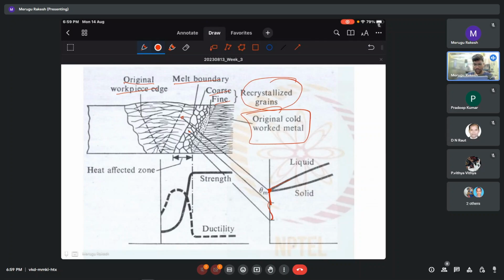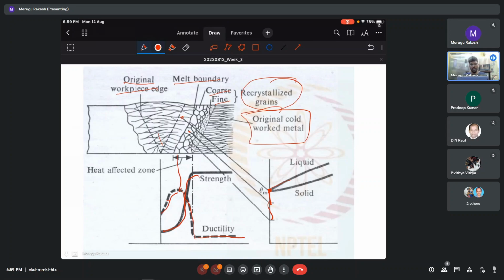If you see the properties, the ductility will increase till this point, then it will decrease and remain constant, because we have bigger grains and then they are getting reduced in size. As well, the strength will increase. It is a very good topic. When ductility is less, the yield strength of the component will be more.